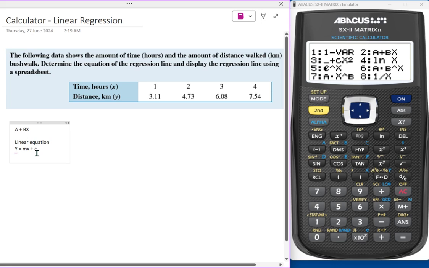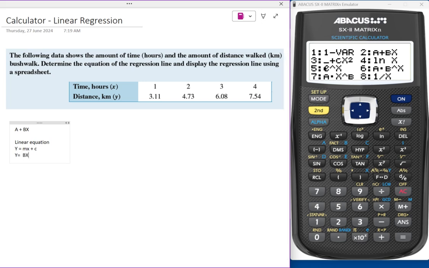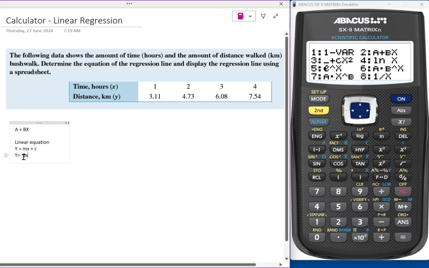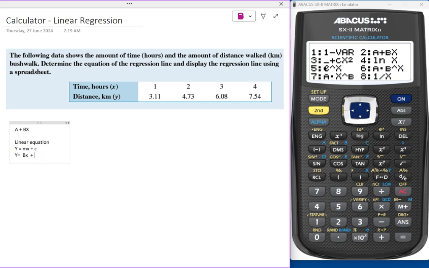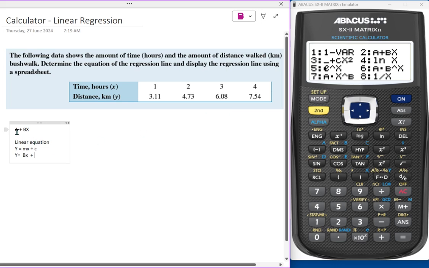So just for demonstration purposes, I'm going to write y equals and then bx underneath, because b is instead of the m, and then our plus c, well, the c is really the y-intercept, but on your calculator, the c for this particular setup is called the a value. So that's going to help us a little bit later.